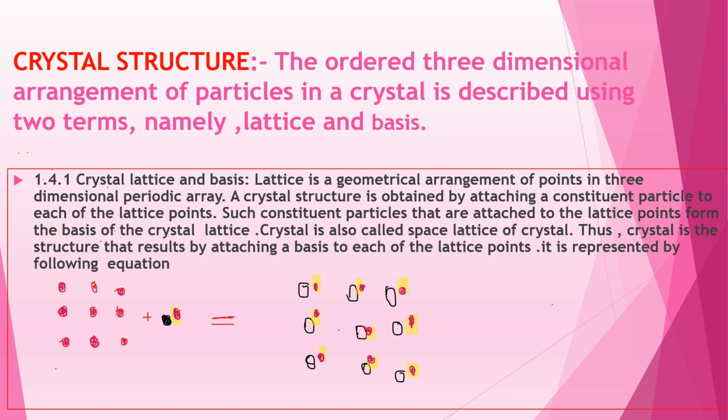The crystal lattice is also called the space lattice of the crystal. Thus, the crystal structure results by attaching the basis to each of the lattice points. It is represented by the following equation. These are the lattice and these are the bases. These combine with each other and give crystals. Okay.